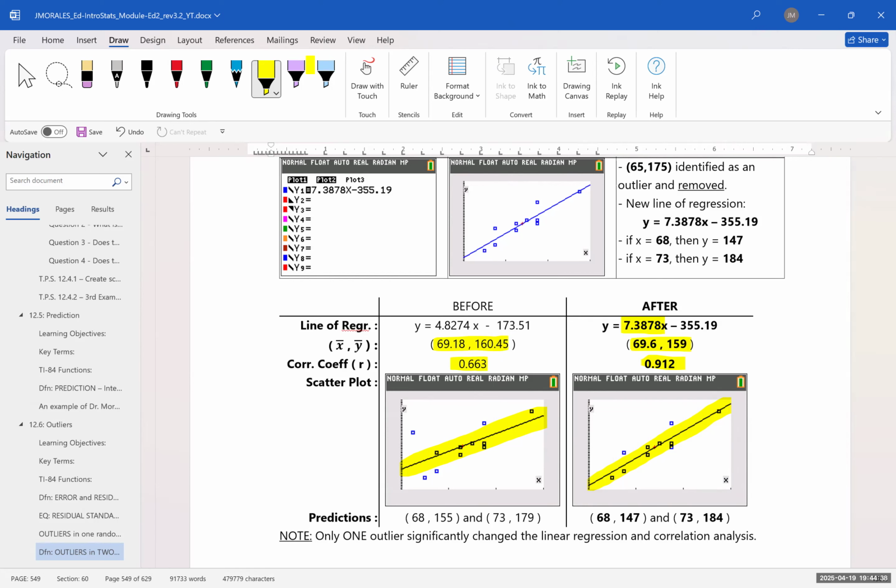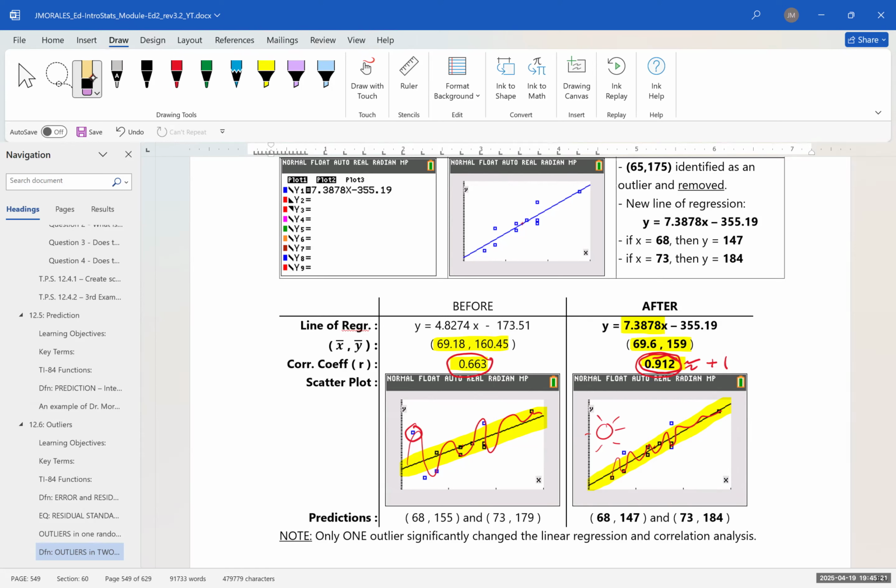Look at the difference there. Remember, the highest the correlation coefficient can go would be +1 or -1. Look how close the correlation coefficient is now to 1. Since that outlier, which is right here, was removed, we got a better fit compared to when it was there. So just by eliminating that one point, we now have a better fit to these points versus trying to include that one and there being more variation here.